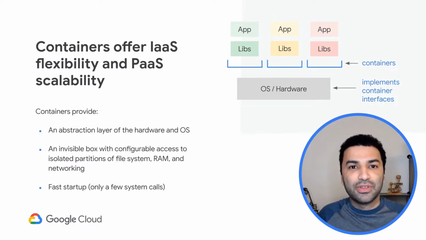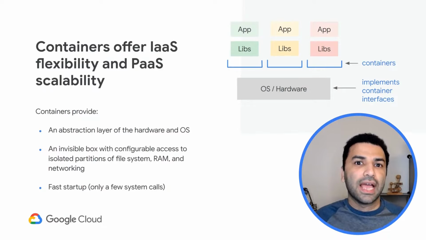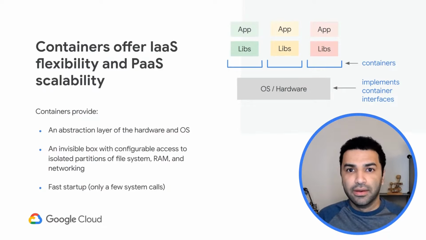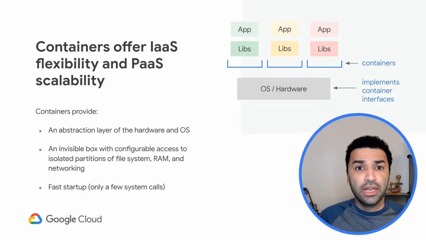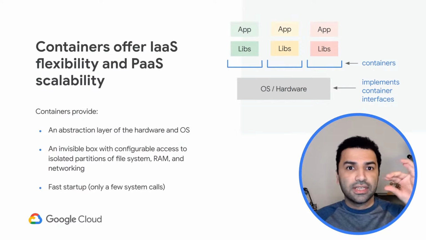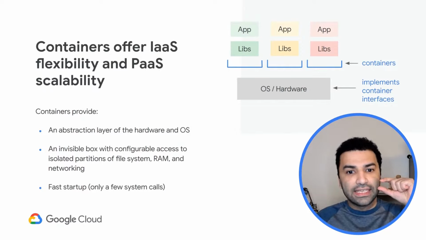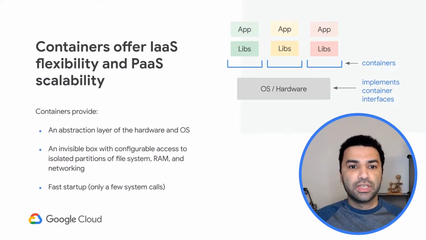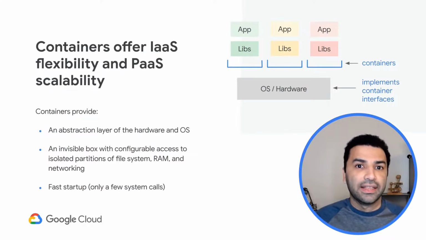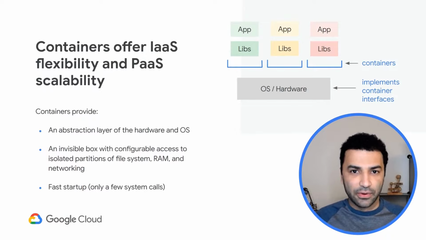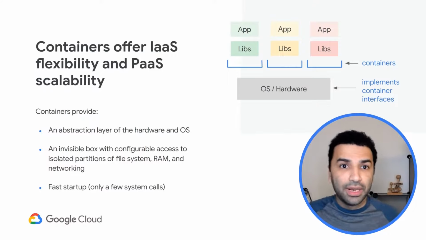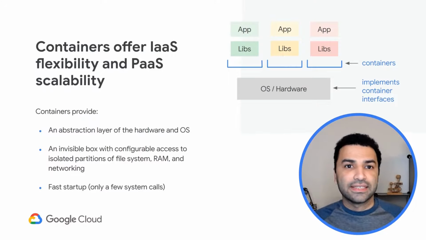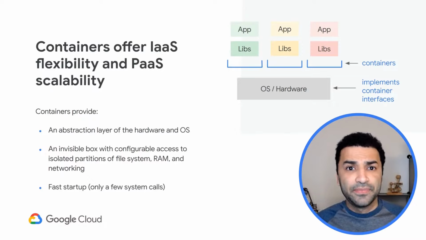The operating system, you don't have to worry about it, how it's being managed, or its availability and durability and so on. It's completely managed by Google. You just take a container, an image of exactly your software and libraries, and put it on top of this container optimized operating system, and we will take care of the rest for you. So this is the idea of containers, and this is basically a global idea, not just related to Google. As I said, you will find it in other cloud providers.